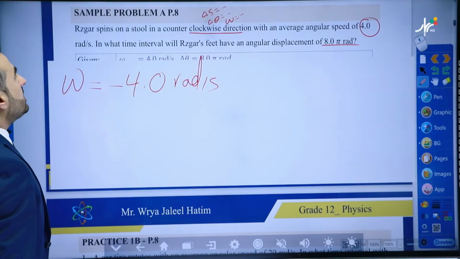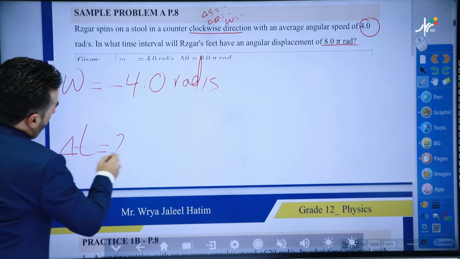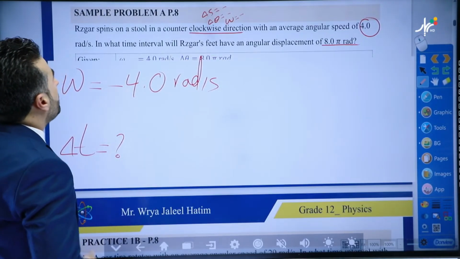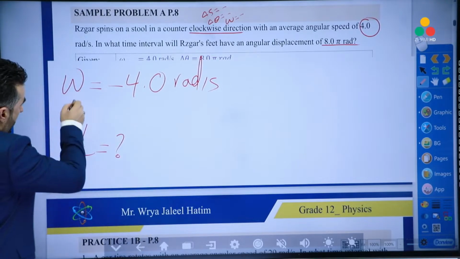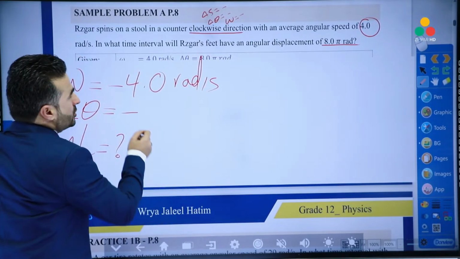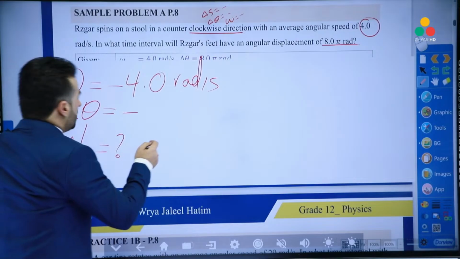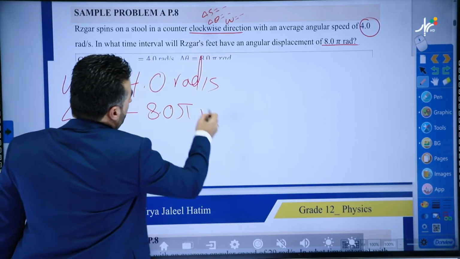And then in what time interval, so find delta t. Will Zhyar's feet have an angular displacement? So we have angular displacement, once again negative. That is because it is rotating clockwise. It is 8.0 pi radian.